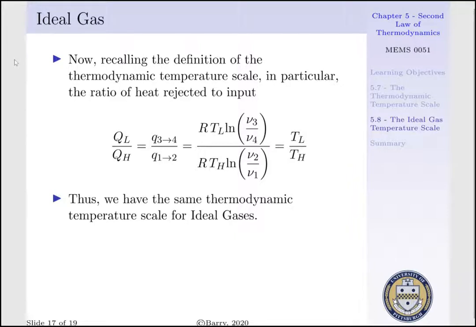And we saw in the previous slide, nu3 per nu4 was equal to nu2 per nu1. Thus our R's and natural logs cancel out, and thus we are left with TL per TH. That is, QL per QH can be re-expressed as TL per TH. Thus, we have the same thermodynamic temperature scale for ideal gases as we already derived for the Carnot cycle.